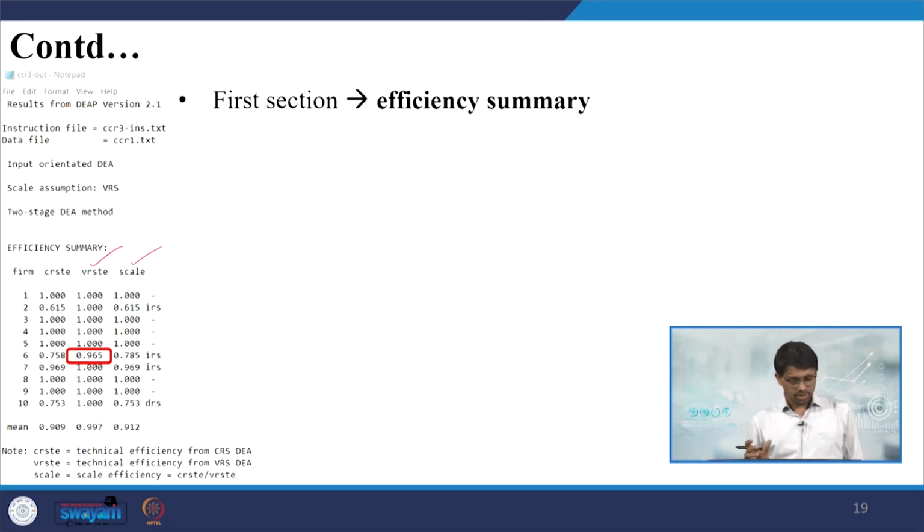In addition to that, the third column identifies which kind of returns to scale it follows: increasing, constant, or decreasing. IRS stands for increasing, dash stands for constant, and DRS stands for decreasing. So, dash means constant; the farm which is considered efficient in this VRS model is considered to be optimizing its level and remains constant.